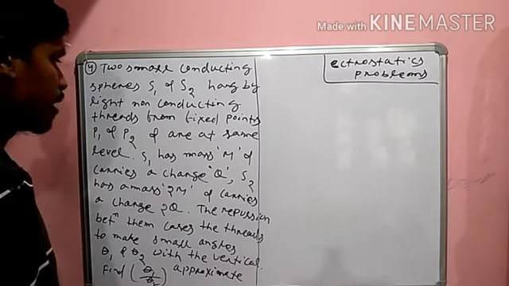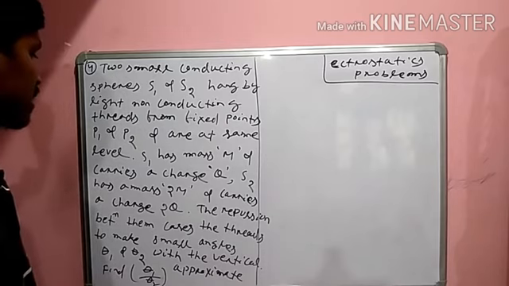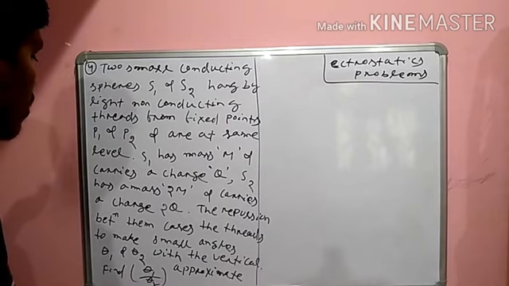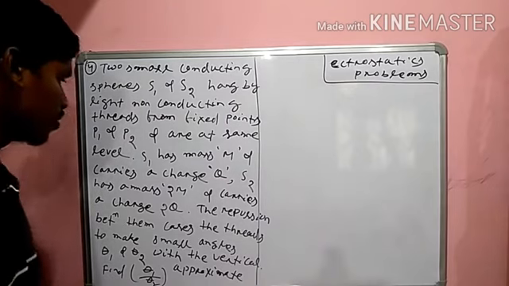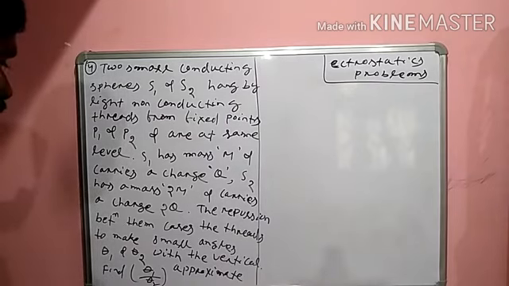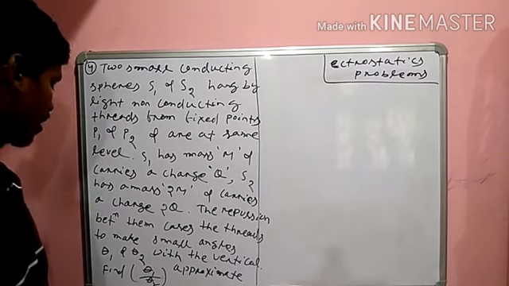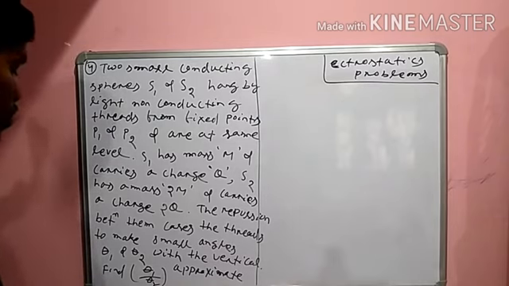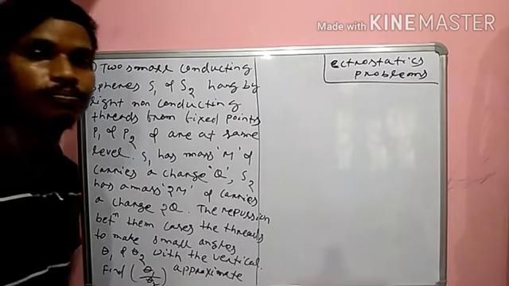S1 has mass m and carries a charge q, and S2 has mass 2m and carries 2q. The repulsion between them causes the threads to make small angles θ1 and θ2 with the vertical. Find the value of θ1 by θ2 approximately.